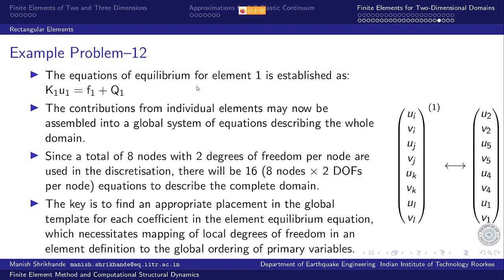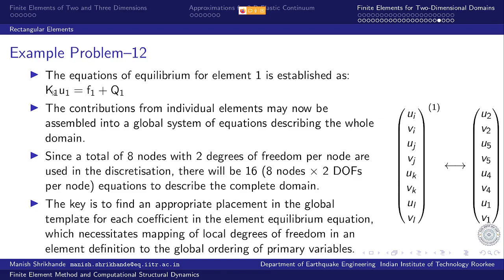So the equation of equilibrium for element 1 is established as K1 U1. That subscript 1 refers to the element number, so do not confuse it with the nodal degrees of freedom.